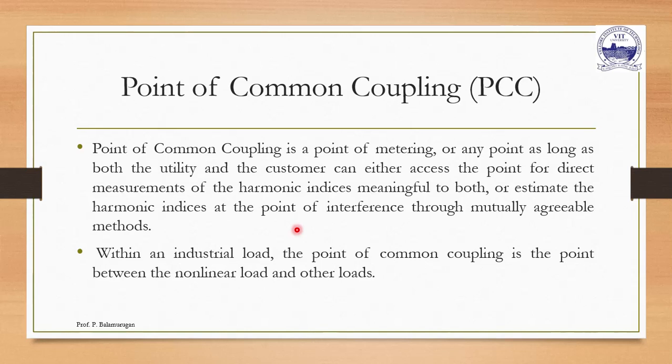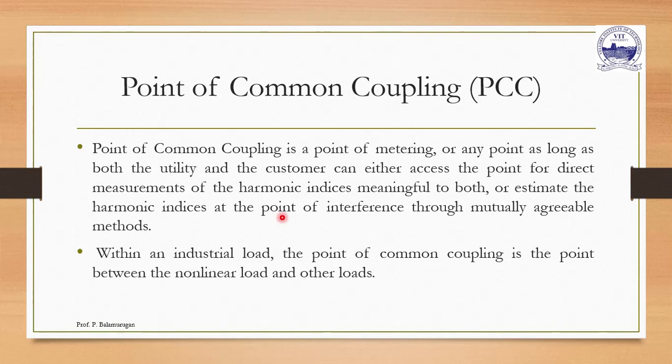Even at our home, the point of common coupling will be the metering board, because the person from the electricity board will come and access our voltage only at the metering point. You won't allow the person to enter beyond the metering point for the measurement.